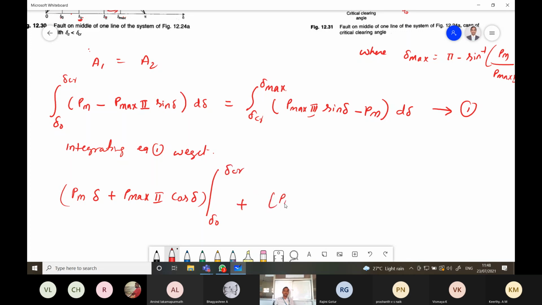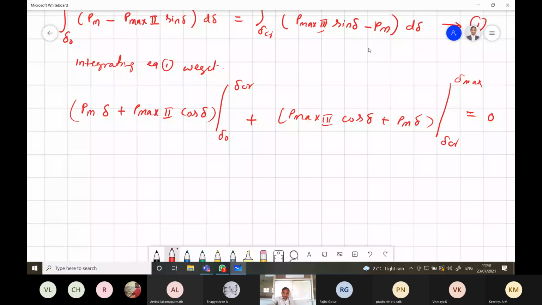Plus we will obtain this expression after integrating: cos delta plus Pm into delta, with limits delta Cr to delta max. So the total expression is equal to 0.